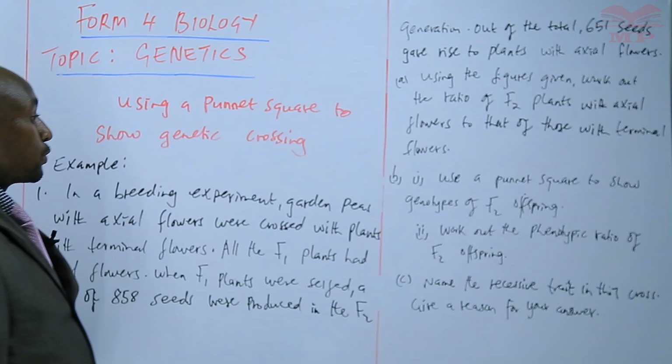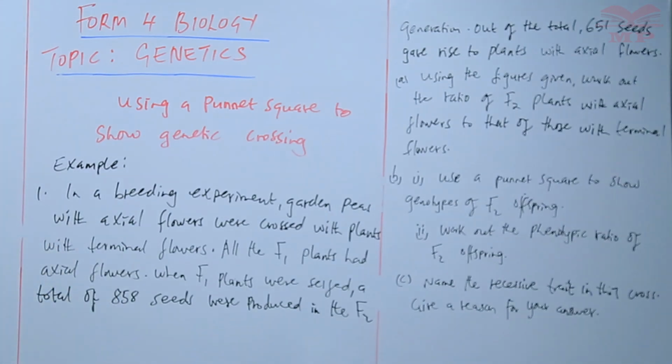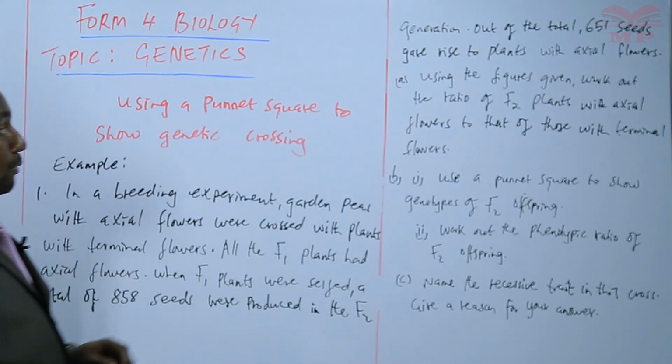So we are going to use the Punnett square to show genetic crossing by use of an example.